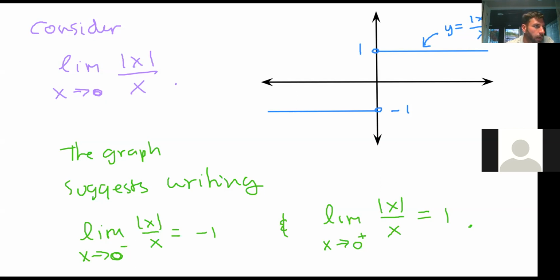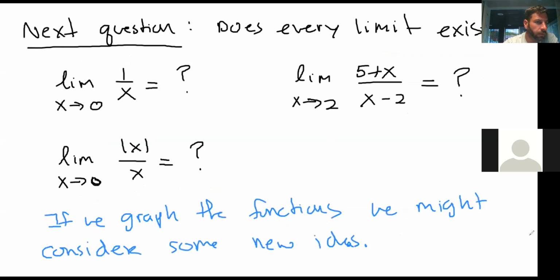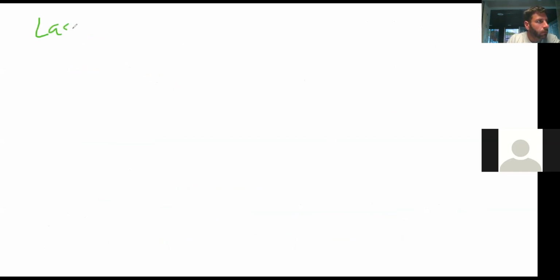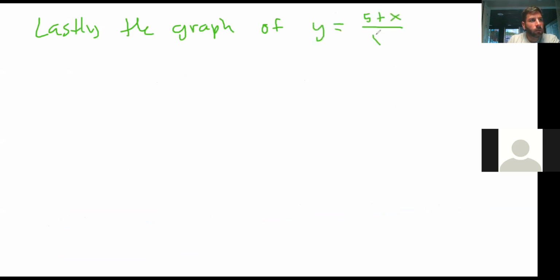All right, so I'm not going to waste too much time on this right now, but if we looked at, what was it, 5 plus x over x minus 2? Is that what it was? Yeah, 5 plus x over x minus 2. So lastly, the graph of y equals 5 plus x over x minus 2 suggests the following.